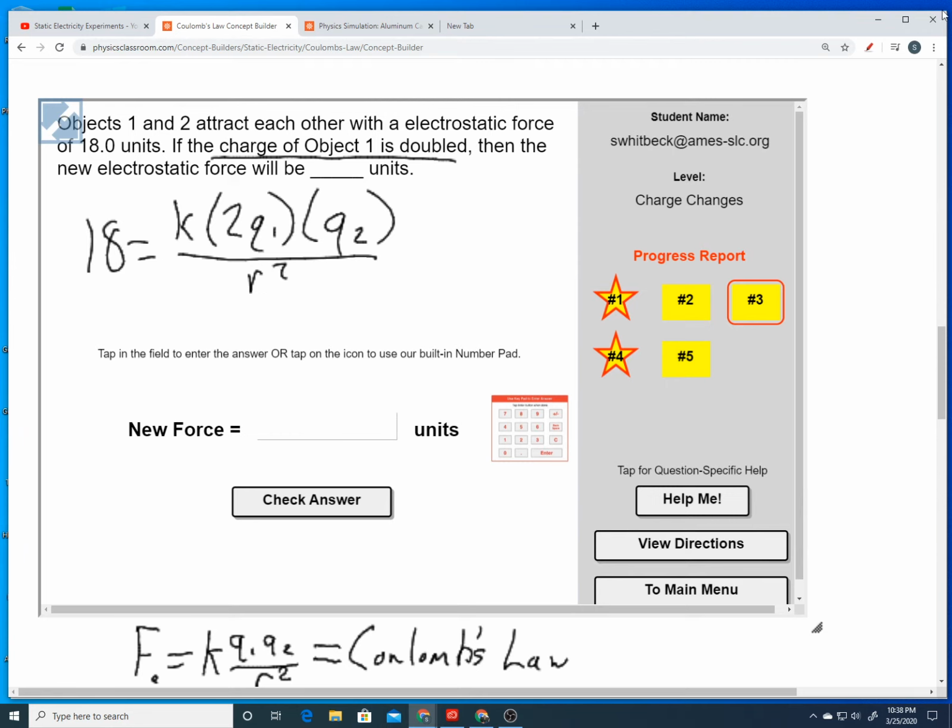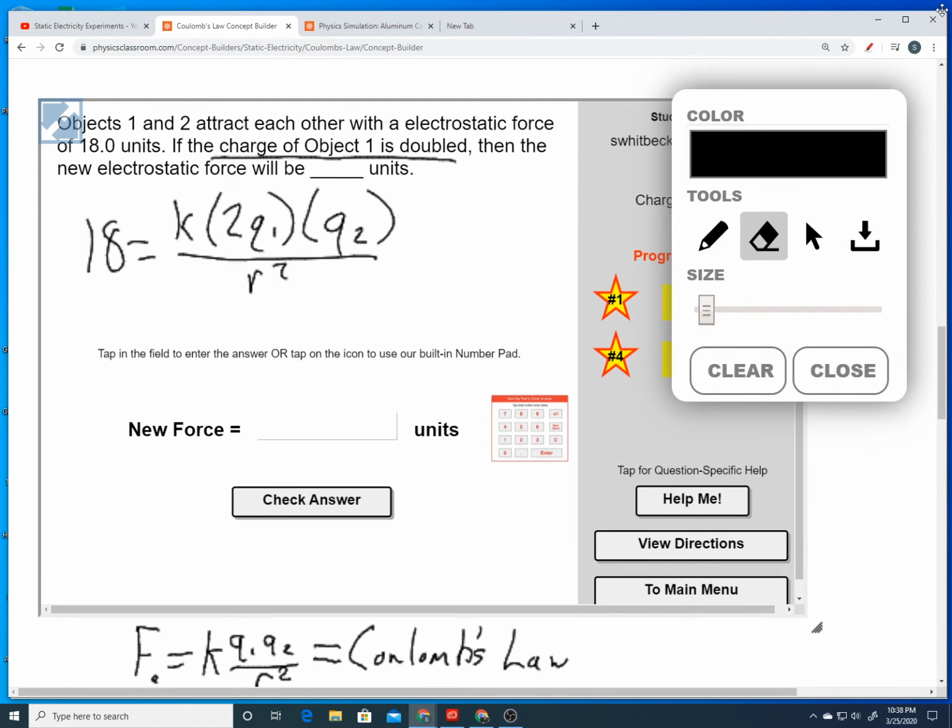Oh, mistake here. I should not have included the 2 here, because this is in the original problem. But then in my new problem, I have 2 times Q1 times Q2 all over R squared.